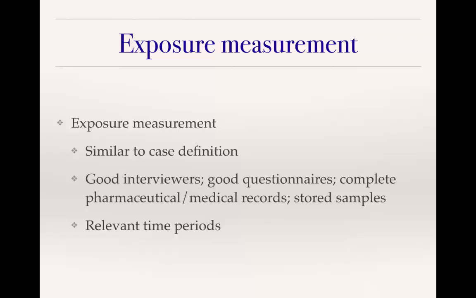So we might select everyone who has lung cancer, and then we can look for multiple exposures. So we might look at exposures to smoking, we might look at exposures to bacteria, we might look at exposures to pollution, air pollution, we might look at work exposures such as asbestos. So you can look at multiple exposures, not just the one.